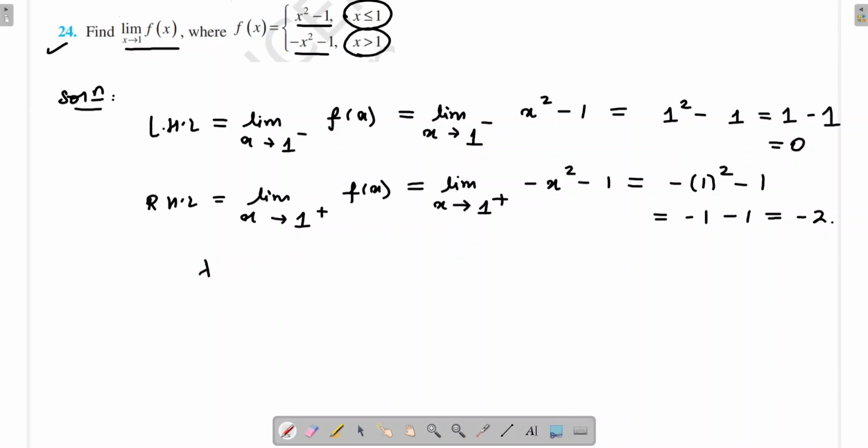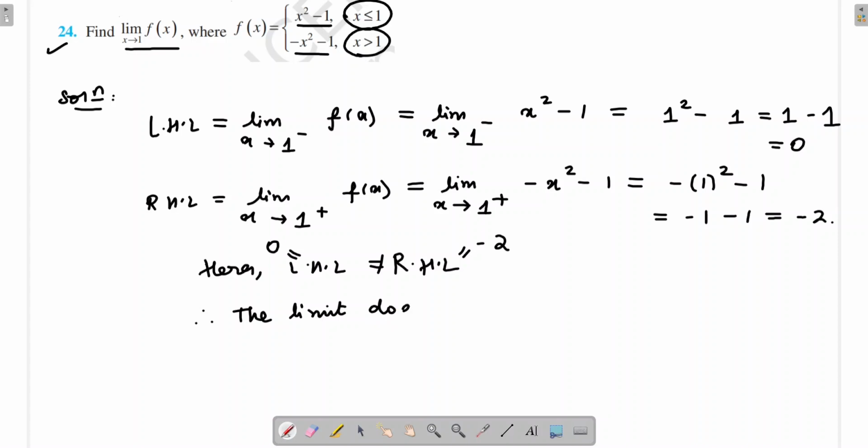So what do you get here? Left hand limit is not equal to right hand limit, right? Left hand limit is 0, right hand limit is minus 2. So left hand limit is not equal to right hand limit, therefore the limit does not exist.